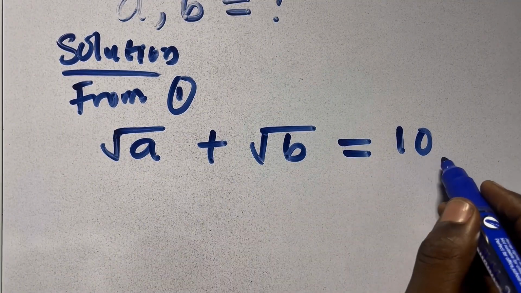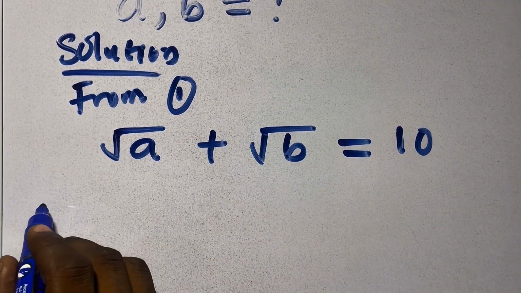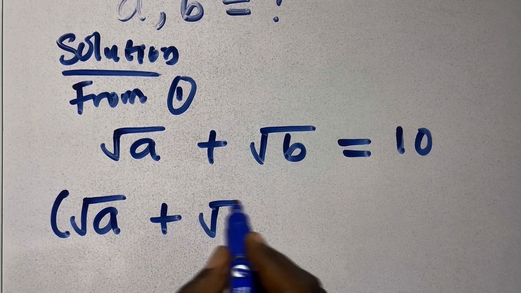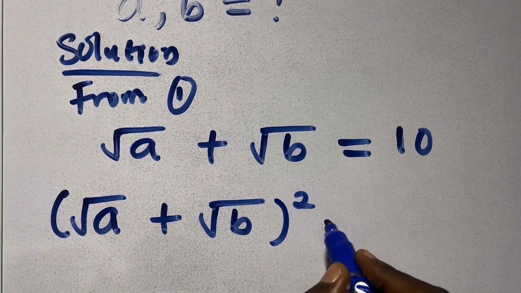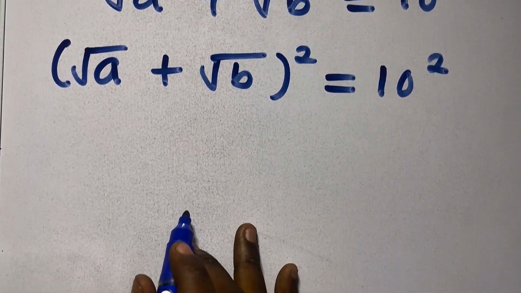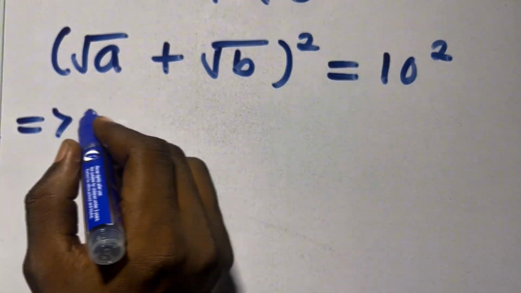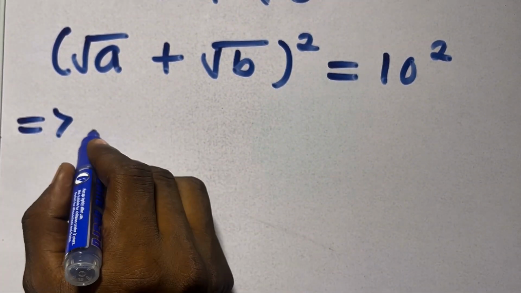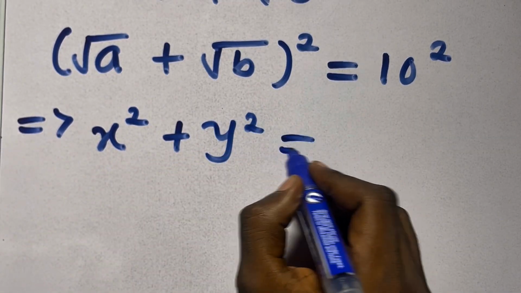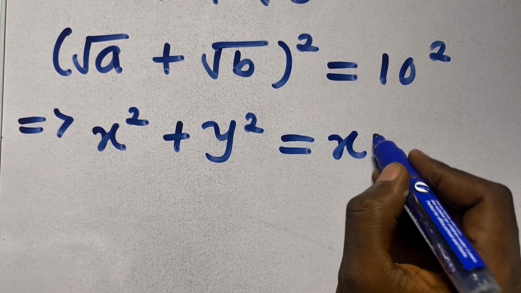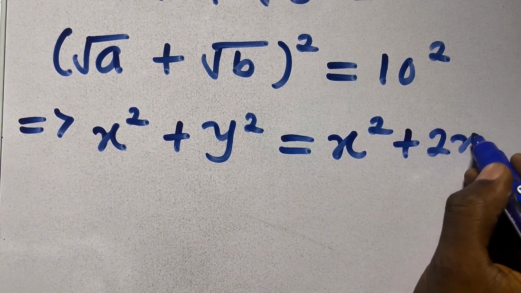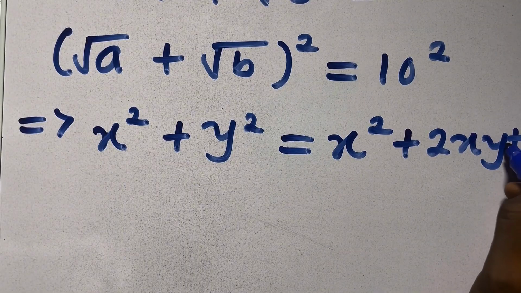What we're going to do here is to square both sides of this equation, such that we have (square root of a plus square root of b) squared equals 10 squared. Recall this identity for the sum of two squares: x plus y all squared is equal to x squared plus 2xy plus y squared.